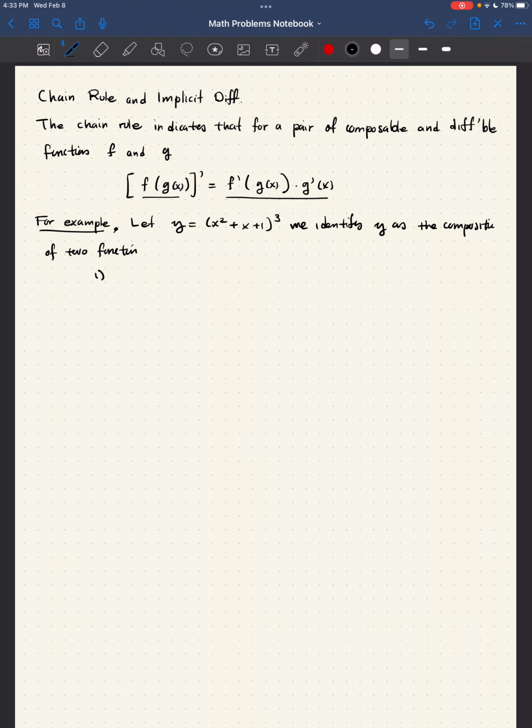The first one being f of x equal to x cubed, and the second one, g of x, being x squared plus x plus 1.